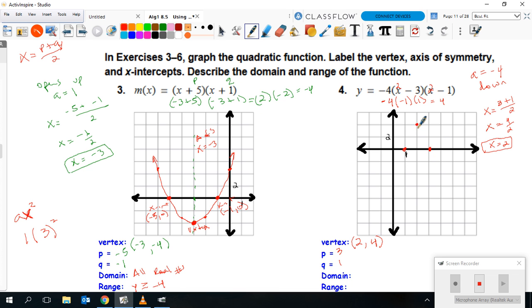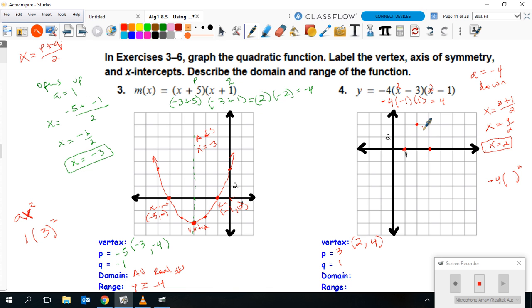So we can use the A number pattern to get a couple more points. If I went 1 this way, we went down 4. Remember the A number pattern: -4 is our A, times the number squared that we go. So we go 1, we can put in 1 here. That's going to be just going down 4. If I go 1 to the right or left, I'm going to go down 4.